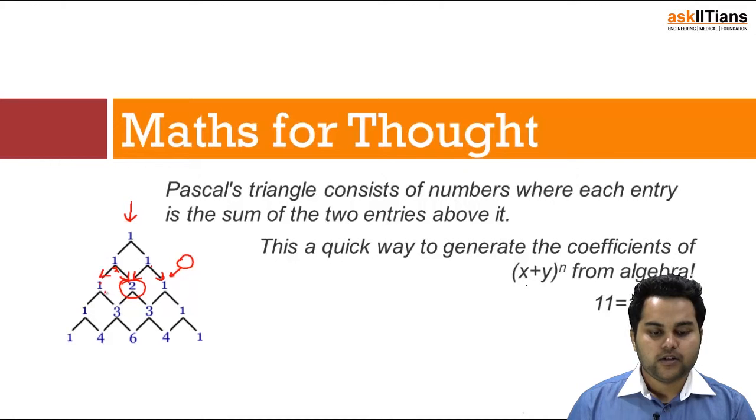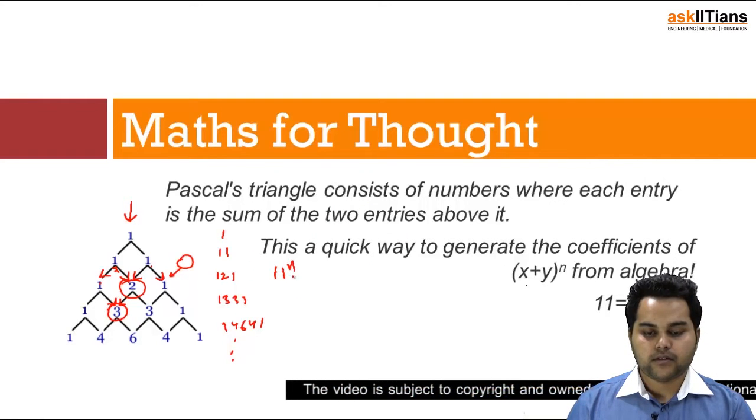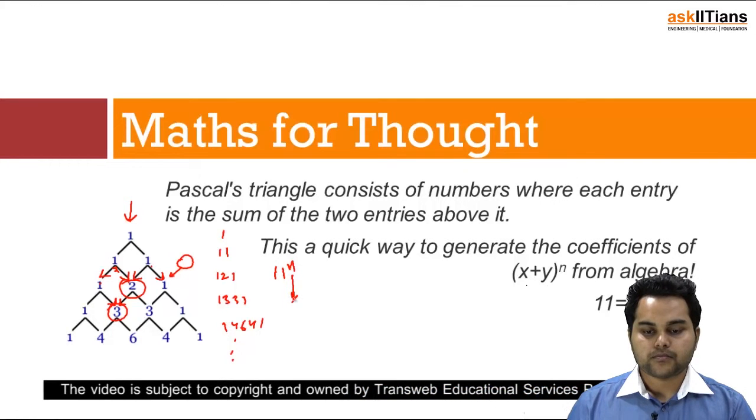So and so on, I got 1 from here, then 2 from here, so it got 3. So the numbers are 1 1, 1 2 1, 1 3 3 1, 1 4 6 4 1, and so on. But if I see that, aren't these 11 raised to n pattern?